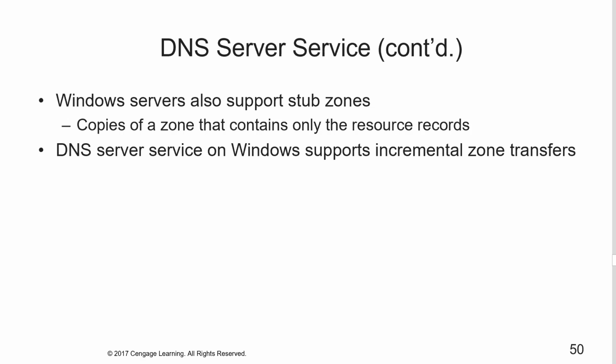Windows servers also support stub zones, which are copies of a zone that contain only the resource records, and the DNS Server Service on Windows supports incremental zone transfers.